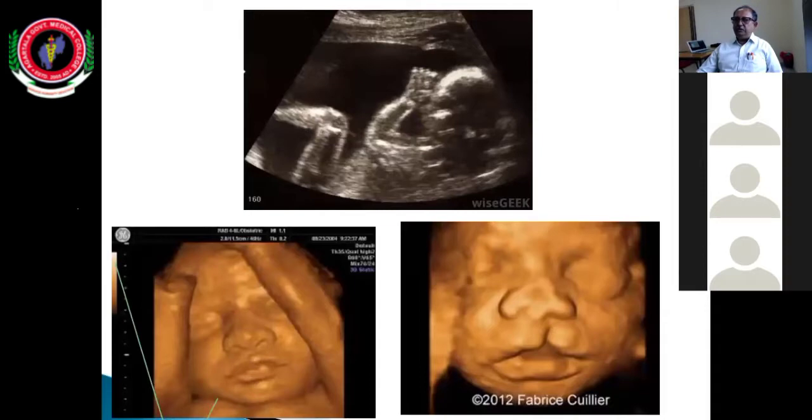These are a few images of the 3D ultrasonography. This is the normal 3D image of the fetus, face of the fetus, and this is also 3D ultrasonography of the face of the fetus showing the cleft lip. This is the 2D image of the fetus intrauterine. This is the hand. This is the lip, lower lip.